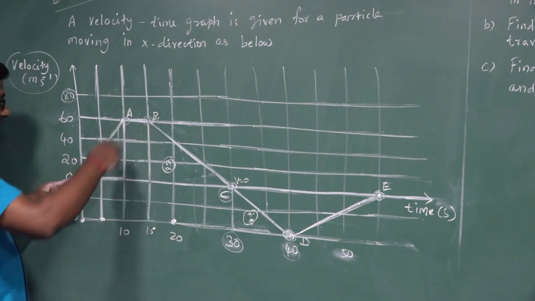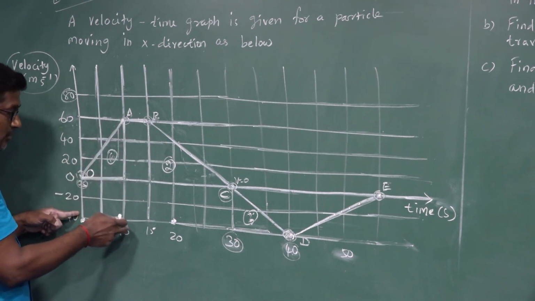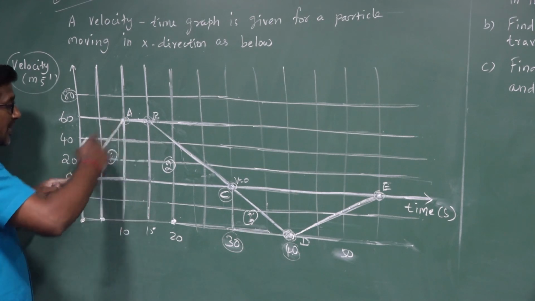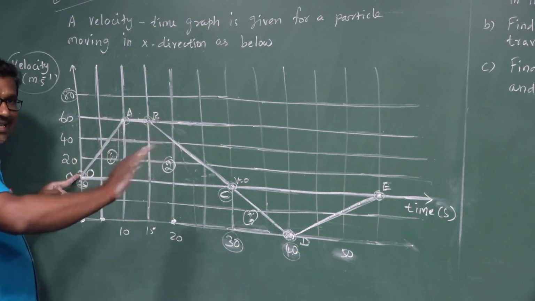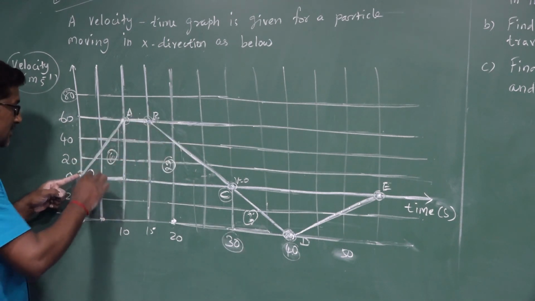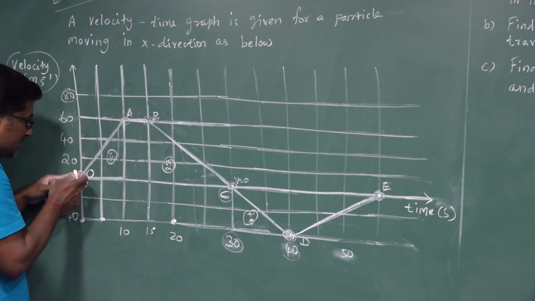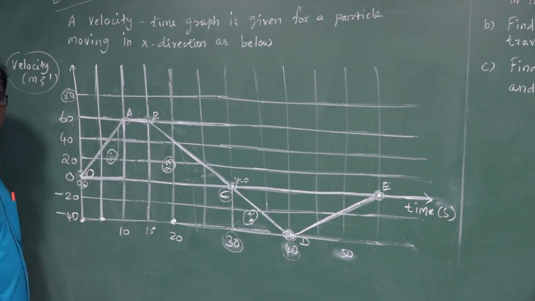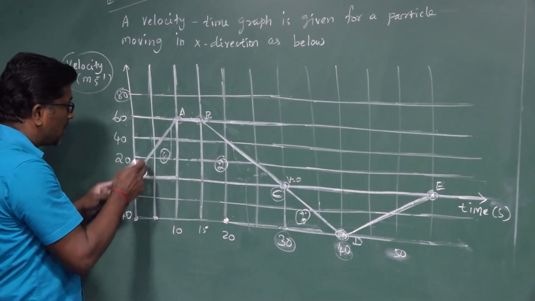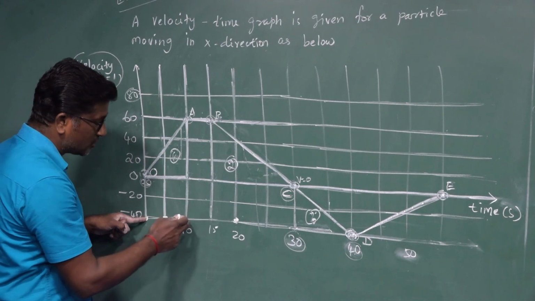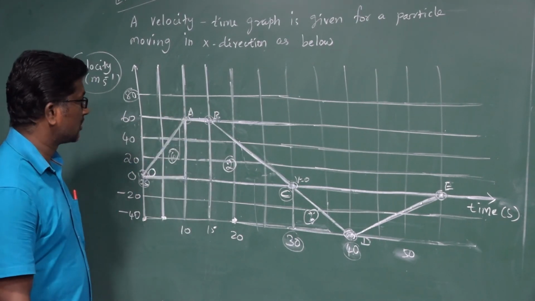Right. In this diagram, from O to A or from 0 seconds to 10 seconds, the slope is positive. The slope value gives acceleration. And one more thing, the acceleration of the particle from the region O to A is always a constant. At A, at O, and also in between 0 seconds to 10 seconds, the acceleration of the particle is always constant.